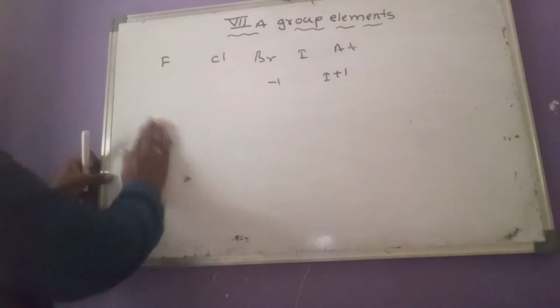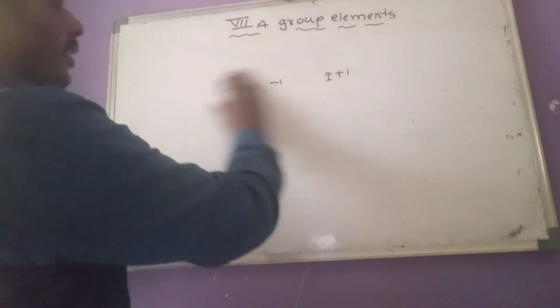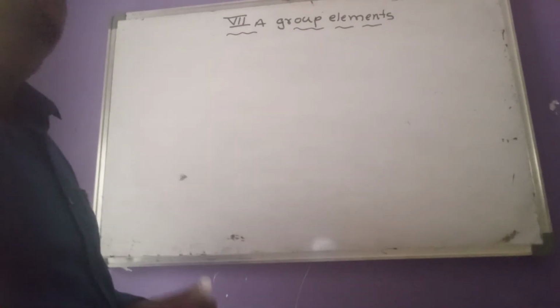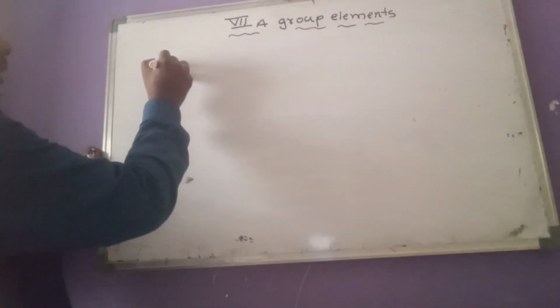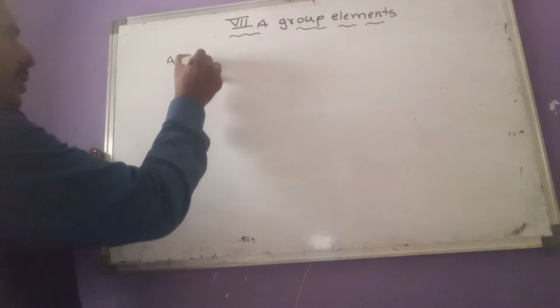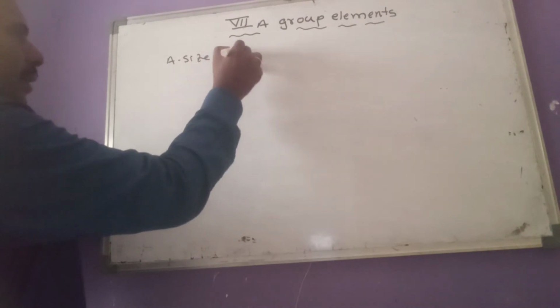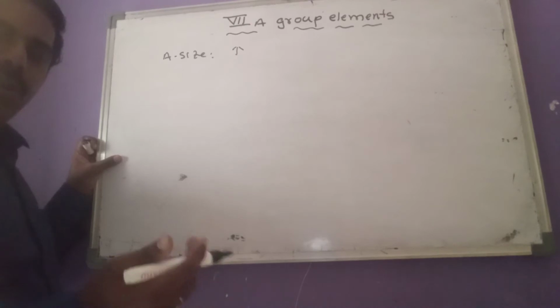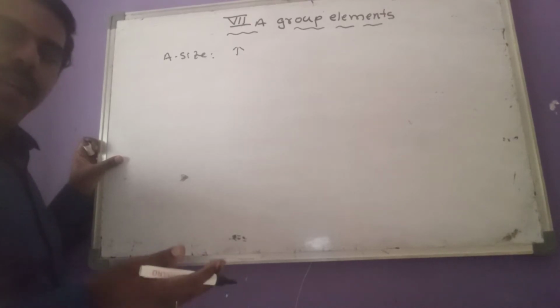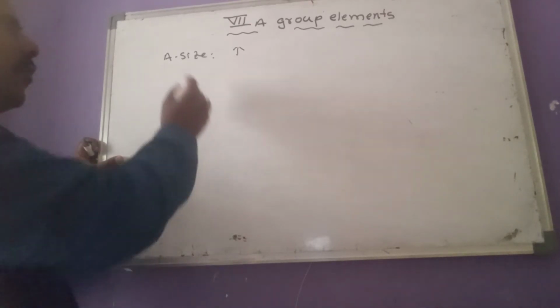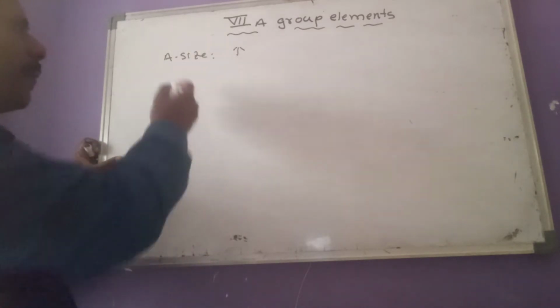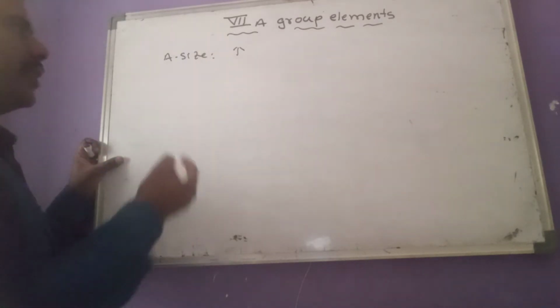After that, let us go for the general properties. So first let us see atomic size. Atomic size from fluorine to iodine. No need to consider astatine as it is a radioactive element. From fluorine to iodine, atomic size increases.